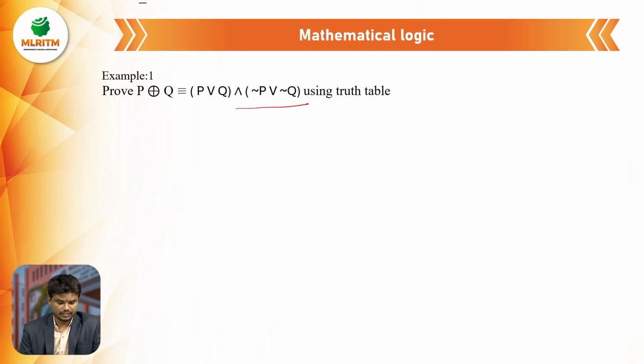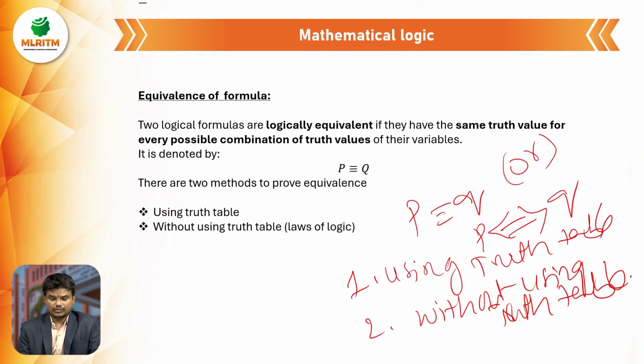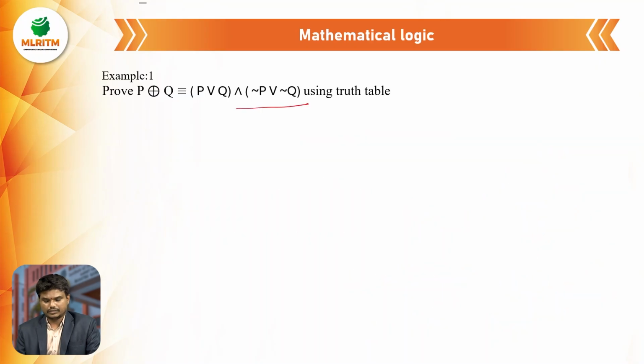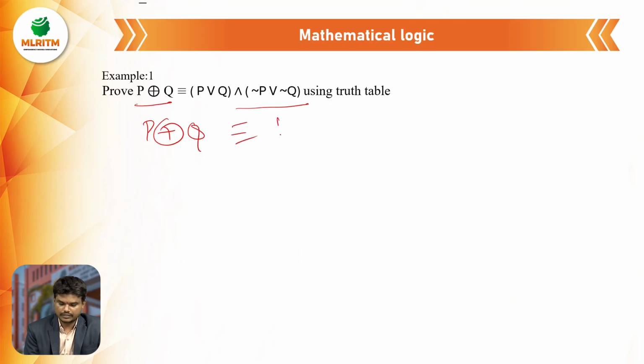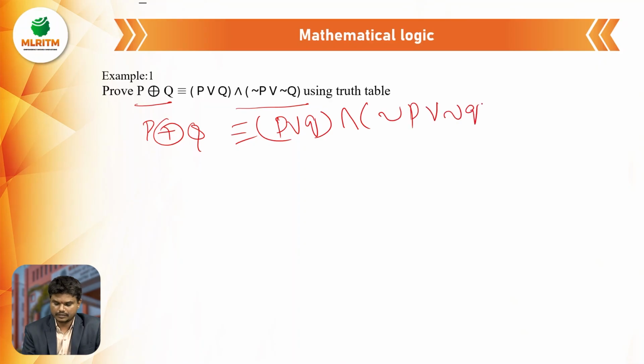So here what is the equivalence of formula? Two logical formulas are logically equivalent if they have the same truth value for every possible combination of truth values. LHS side is P exclusive or Q equivalence P or Q and negation P or negation Q. So before that, what is the exclusive or, what is the conjunction, what is the disjunction, what is the implication, what is the bi-implication?